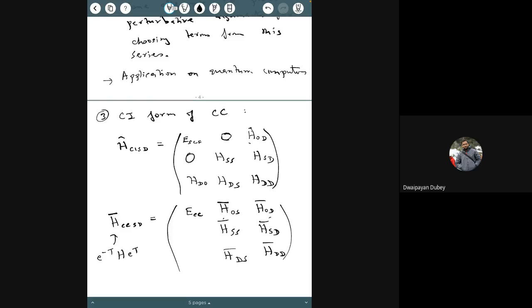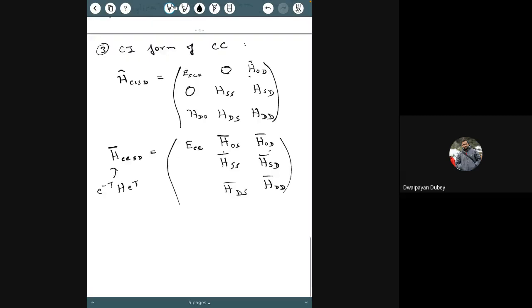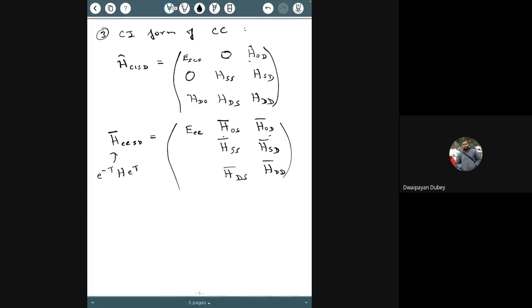T is always an excitation operator. So when you have H e to the power T, you only get the matrix elements where the ket has the excited function. You don't get the other, the bra.